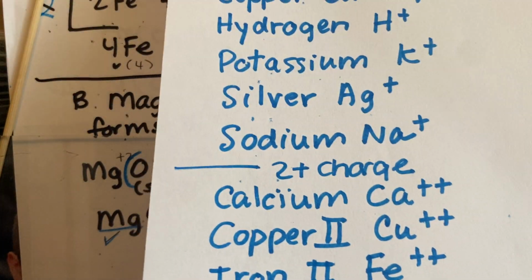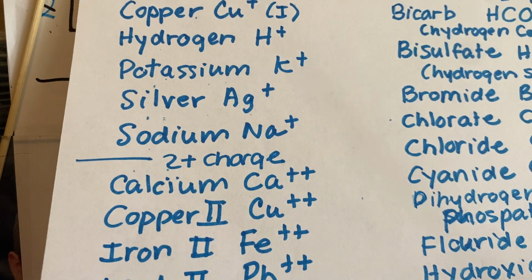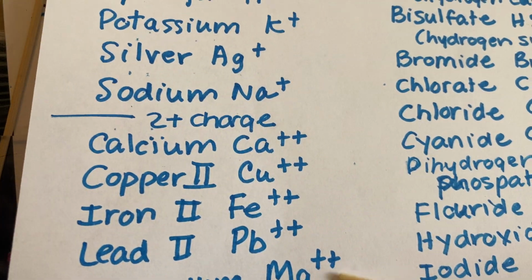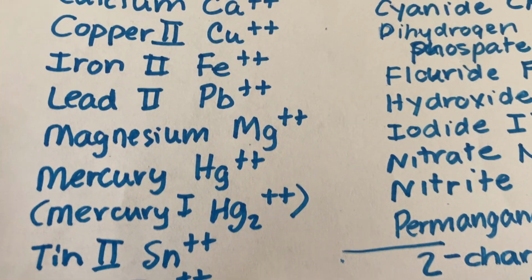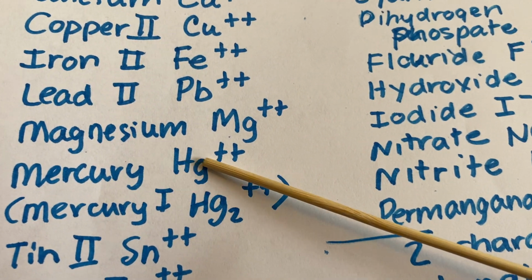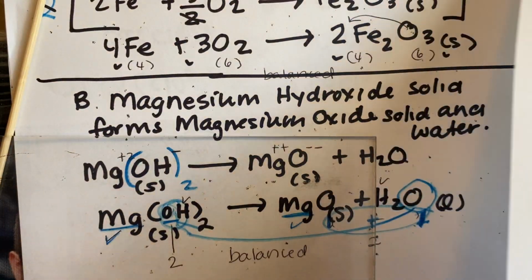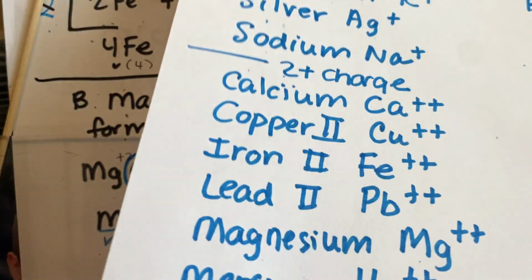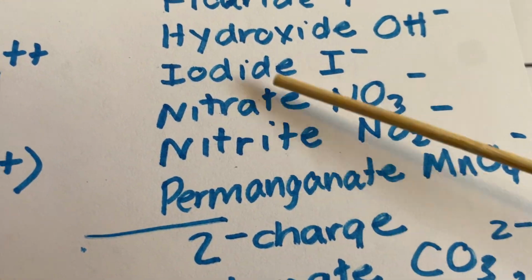So what I did is I looked up, first of all, magnesium. Magnesium is +2. Can you see that on there? There's +2. So we know that. Then we look at hydroxide.